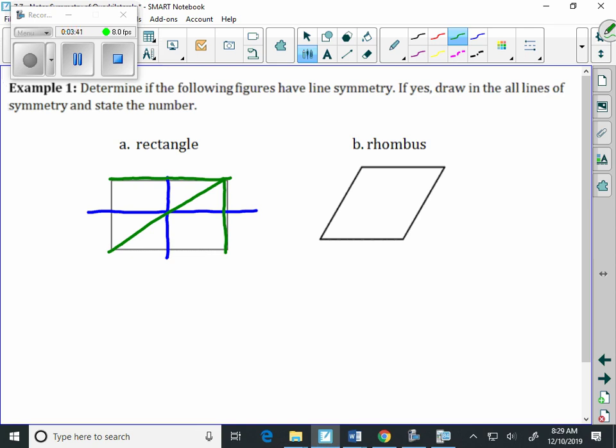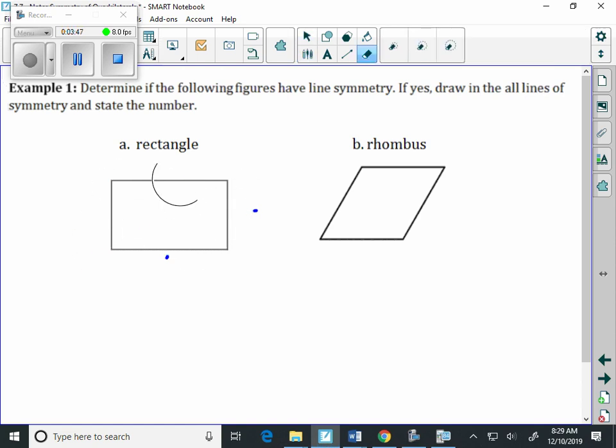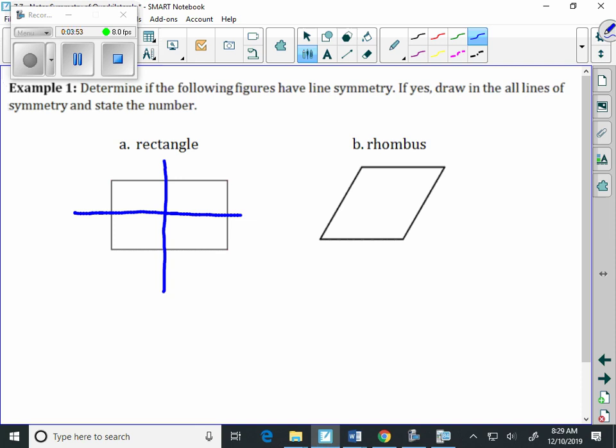So it's not going to be the diagonals. In any rectangle, the only lines of symmetry are the horizontal and the vertical lines. And the directions say, determine if the following figures have line symmetry. If yes, draw in all lines of symmetry and state the number. Well, we've got 2 lines of symmetry.